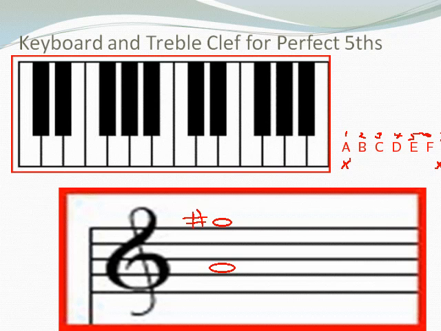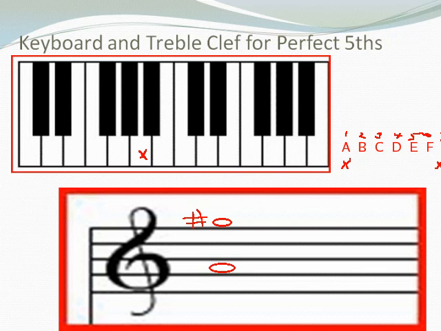Now I'm going to count the half steps. I'm going to start on A, and I'm going to count 7 half steps. Is that what I'm going to do? Oh, no, that's not what I'm going to do. It's a 7th, so I have to go and, oh, yeah, I do have to do the half steps. I'm losing it here. Okay.